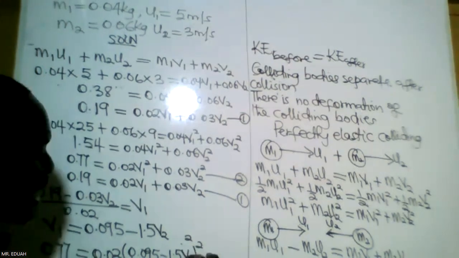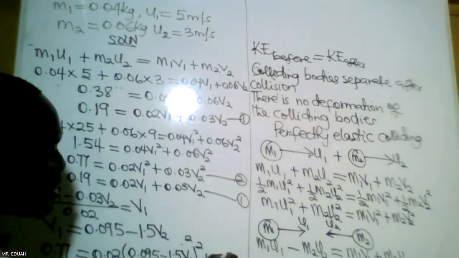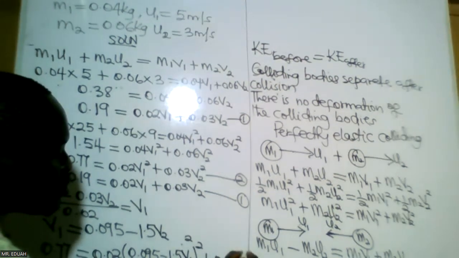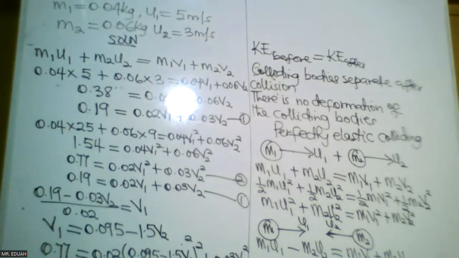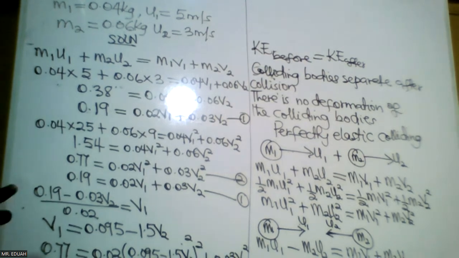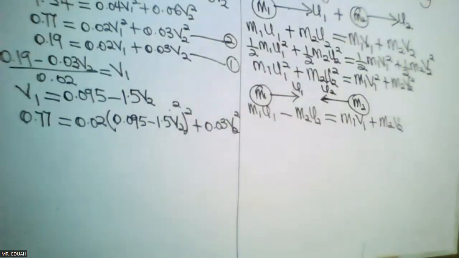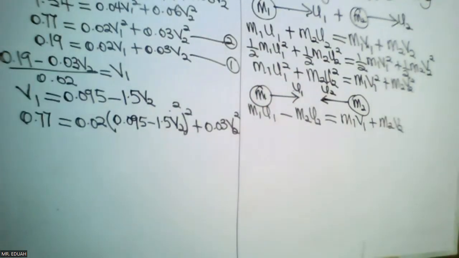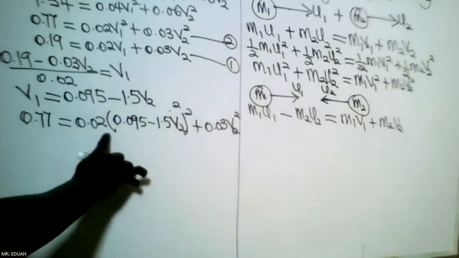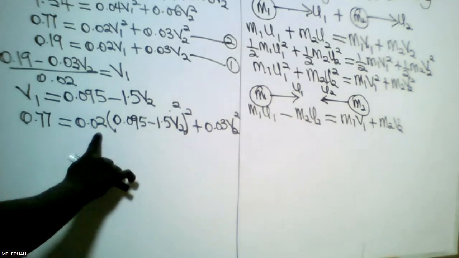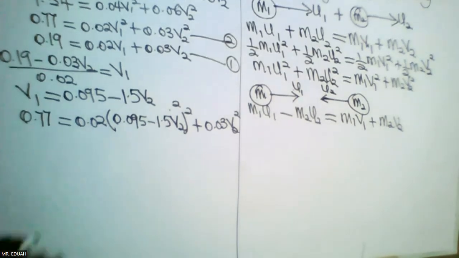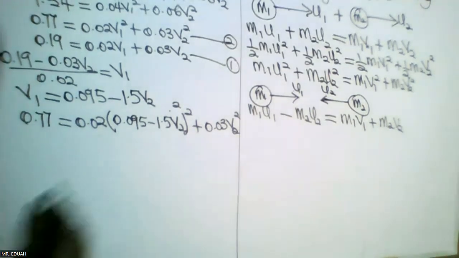Plus 0.03 V2 squared. Then you expand. So it's like you are putting equation 1 into equation 2. But the other way is that we can divide through by 0.02 so that it would prevent us from that expansion.